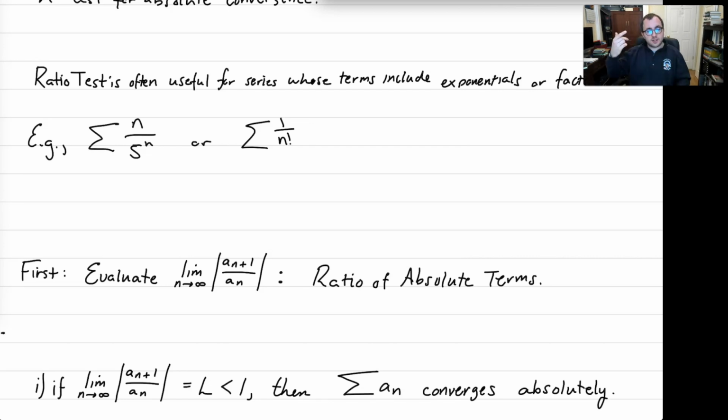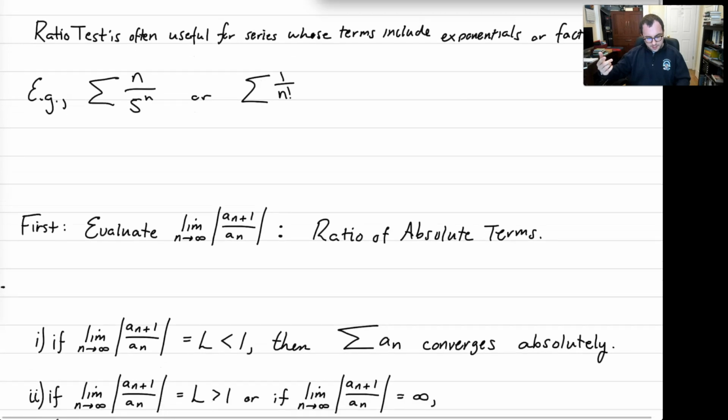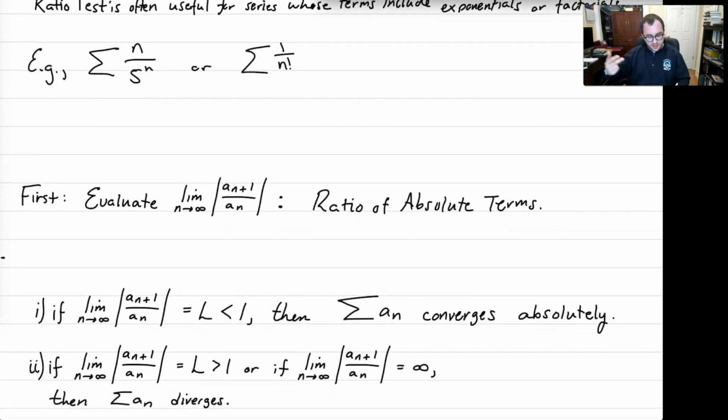Now, if the terms are getting bigger as n goes on, meaning one of two things, either the ratio is bigger than 1, meaning maybe the numerator is 5 times bigger than the denominator, or if the limit of the ratios is infinite, meaning the terms are just getting bigger and bigger like crazy. They're not even a multiple of the previous one. They're just going crazy.